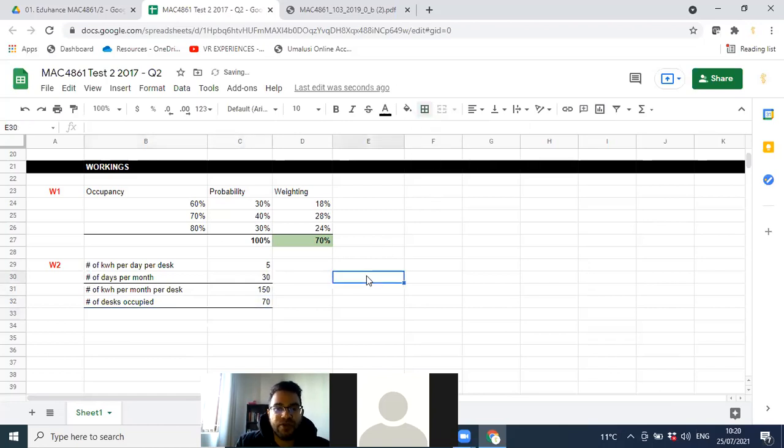So the number of kilowatts per month, not per desk, total, is 10,500.